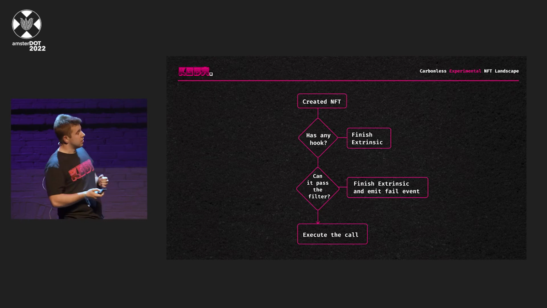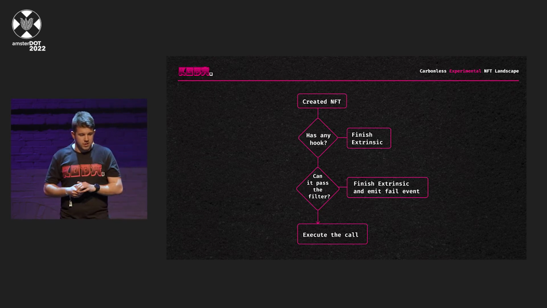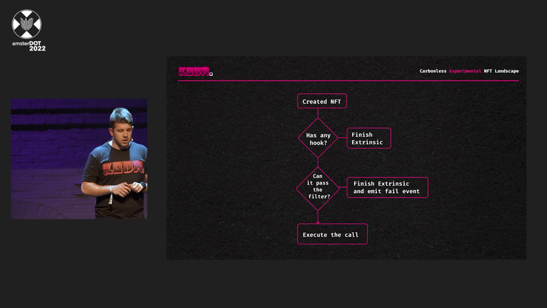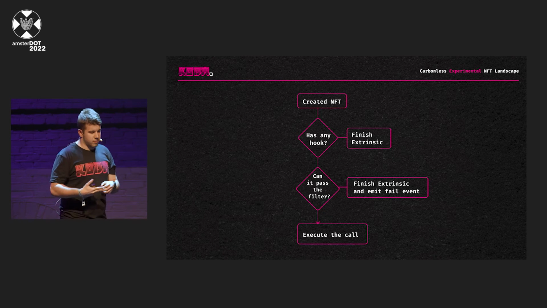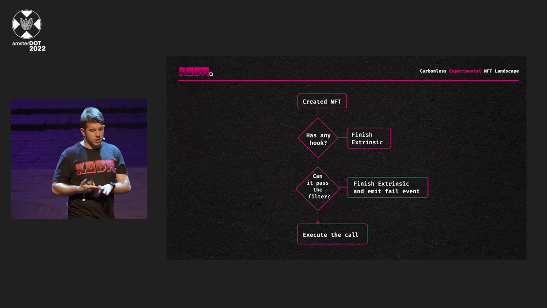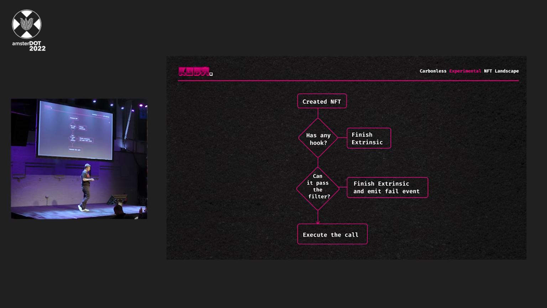Oh, nice. So as you see on the graph, the life cycle is simple. When you are, for example, creating the token, you ask: do you have any hook? If not, then just finish the call as it is. If you have this hook or another call, can it pass the filter? For example, the scheduler can pass it, but another batch of calls cannot pass, because then you would break the chain.